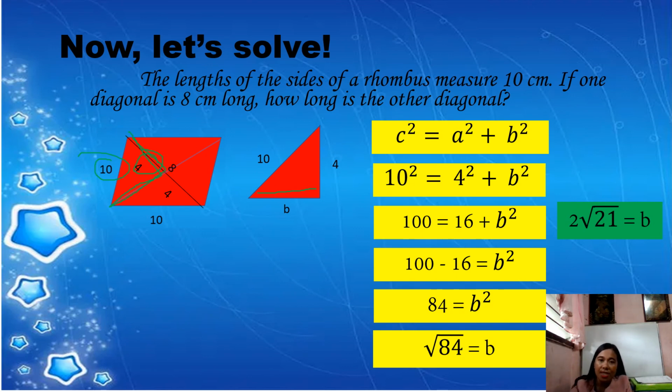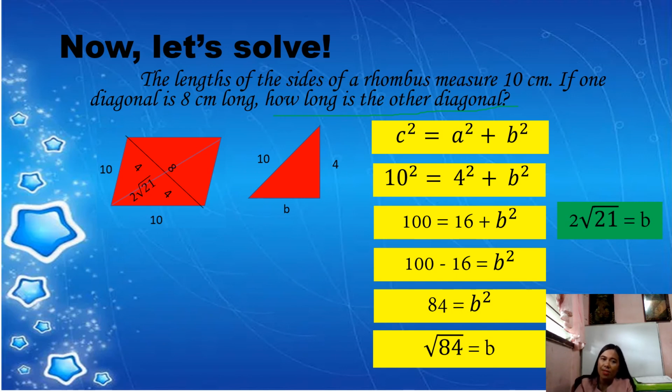The question is, how long is the other diagonal? This b here is only this part, right? This one b is just half of this diagonal, right? So to get the whole diagonal, of course, the solved value for b shall be multiplied by 2.